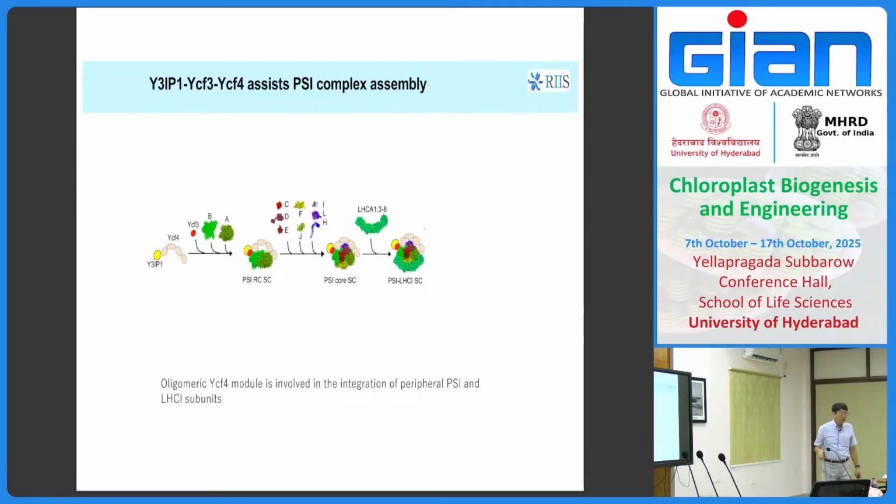Okay, so our conclusion is YCF3 is involved in initial assembly. YCF4 is required from the initial to almost the final assembly process, all the way from beginning to the end.